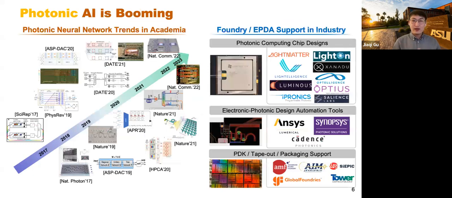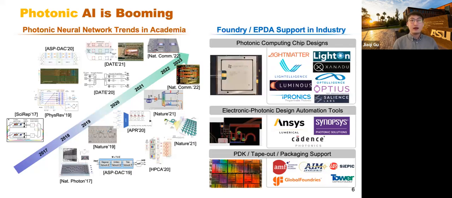And based on those three main advantages, photonic AI or optical AI as a new field is actually booming both in academia and industry. So starting from the very first demonstration from MIT, right? They published the first major photonics paper in 2017, and until now, 2023, you can already see a lot of different optical neural network designs with their experimental chip demonstrations. They push past hurdles in efficiency, scalability, robustness, etc. And most importantly, they are well supported in industry.